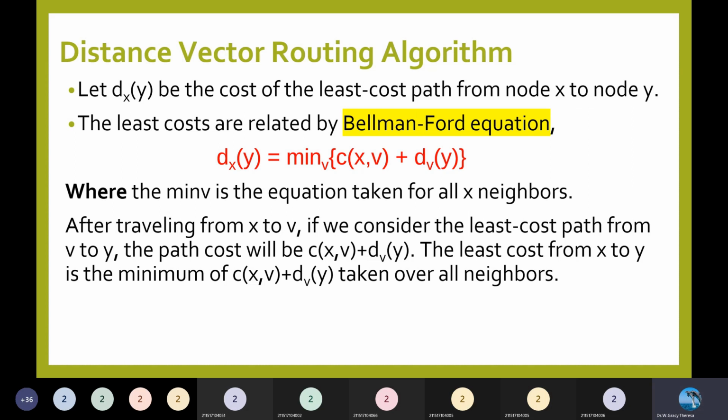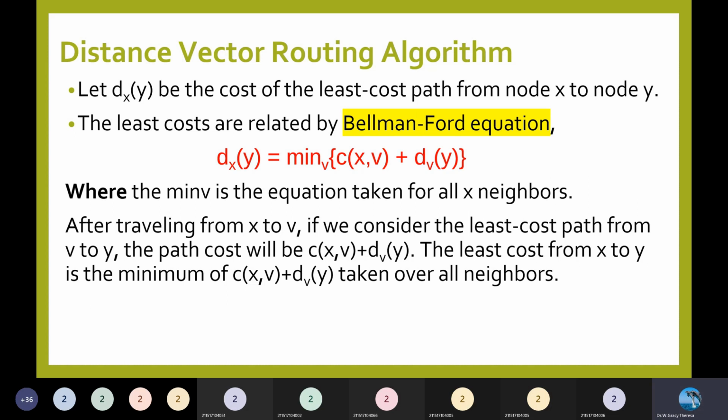So dx(y) is nothing but the minimum over v of c(x,v) + dv(y). In detail, this minimum over v is taken for all of x's neighbors. For example, dx(y) is the cost of the least cost path from node x to node y.